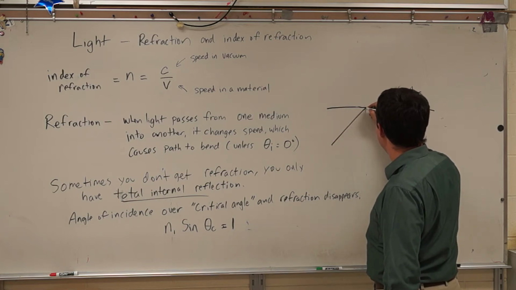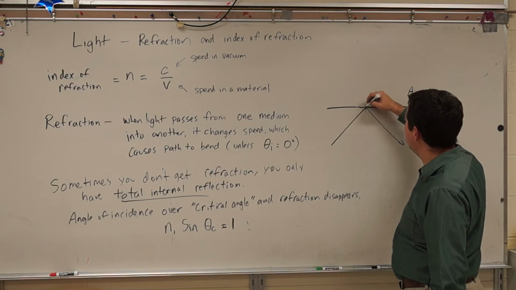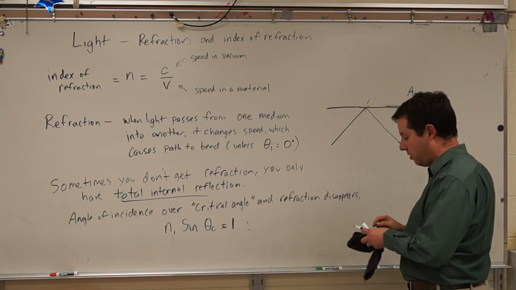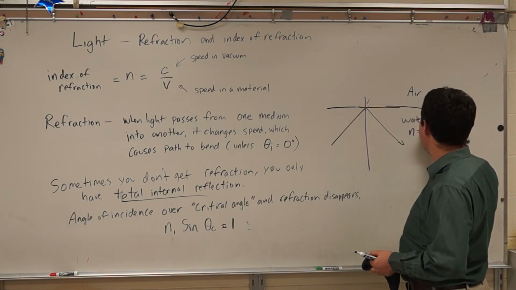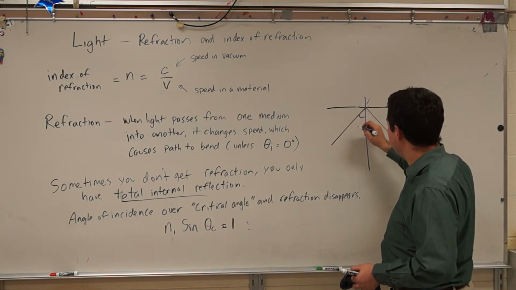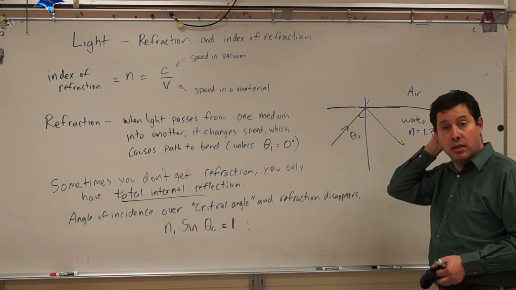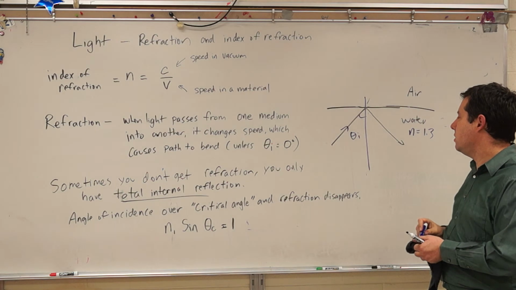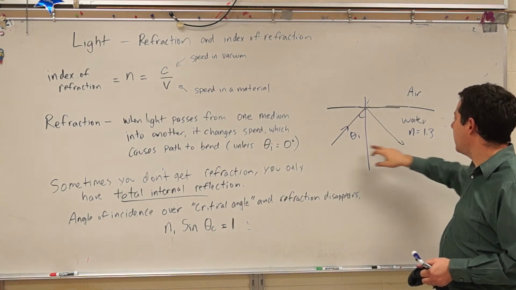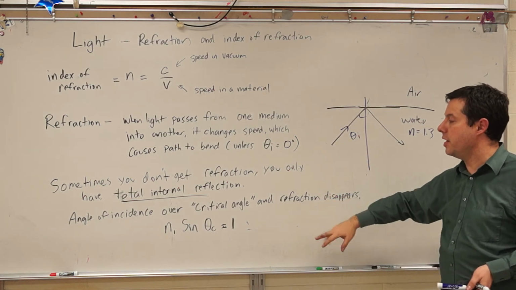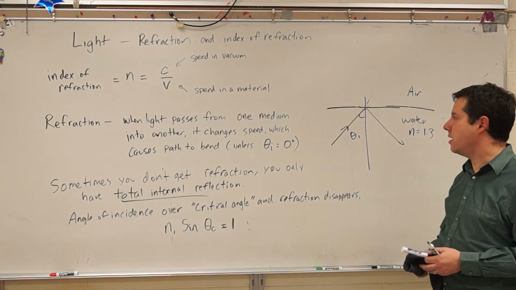You can get something here where you get reflection but not refraction. There's no refraction whatsoever at your critical angle. So you're going to have an n of about 1.3 here, and the light comes in. There's your angle of incidence. And you're going to just want to realize that 1.3 times the sine of this is equal to 1. That's the critical angle at which total internal reflection is created.